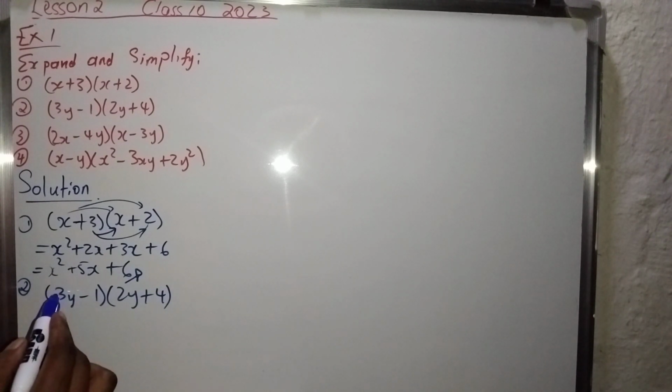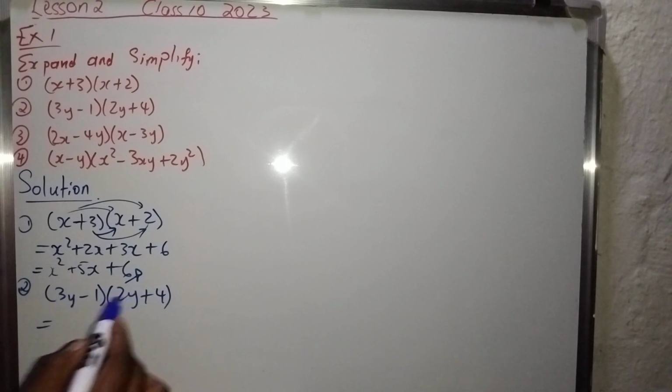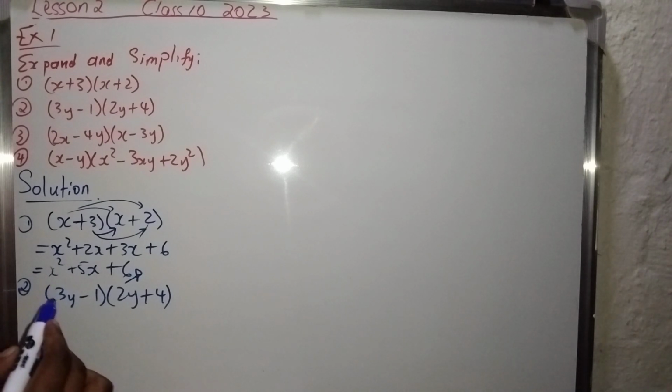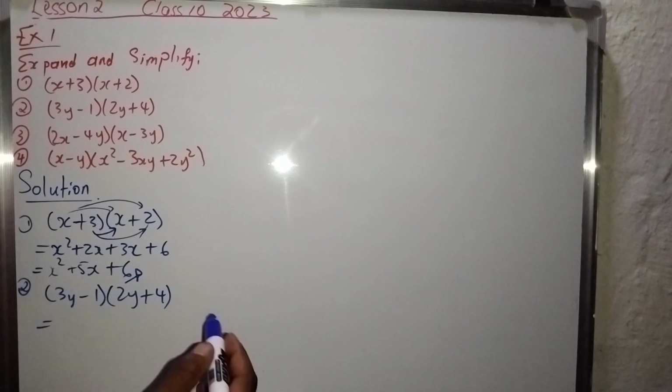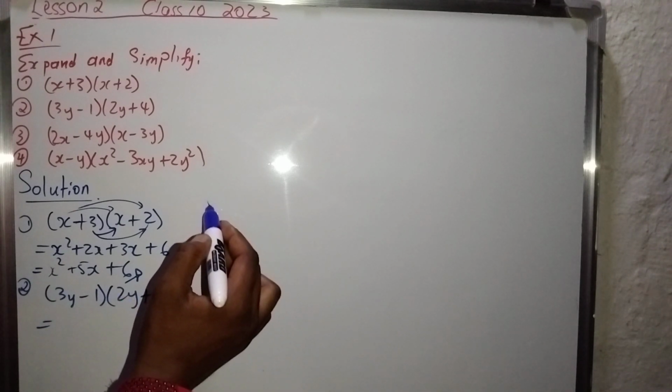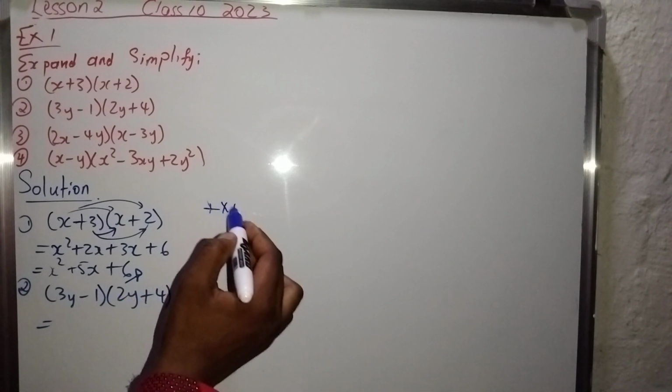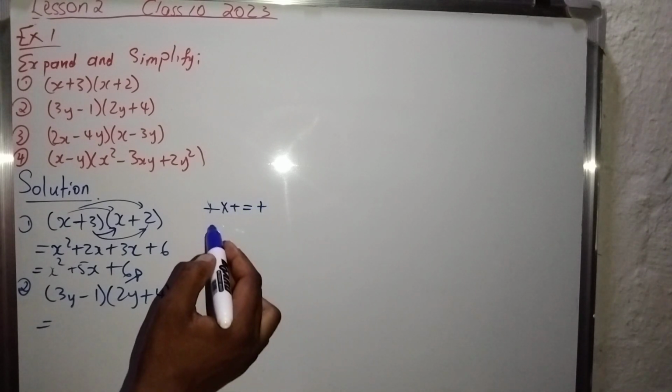Let's go. So 3y multiplied by 2y. Remember, this sign is positive and this one is positive, so positive times positive is going to give you positive.